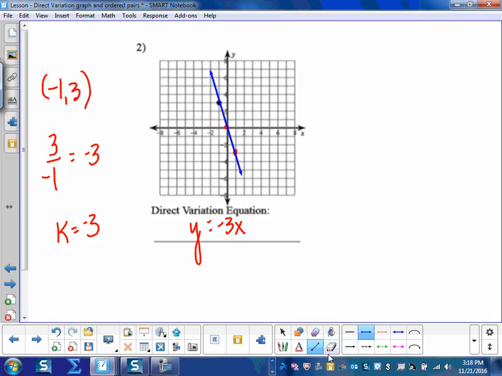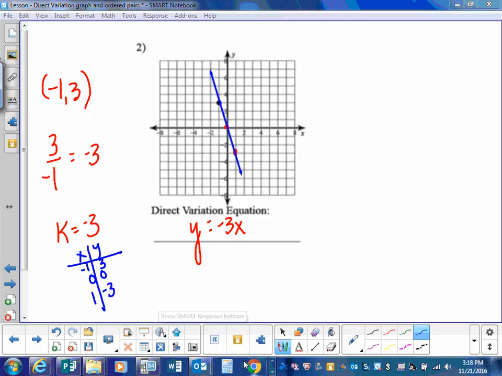Now I'm going to verify on my graphing calculator. Let's see, I want the point. First point was (-1, 3), and then I went through the origin, and then I had (1, -3). So get out my graphing calculator.